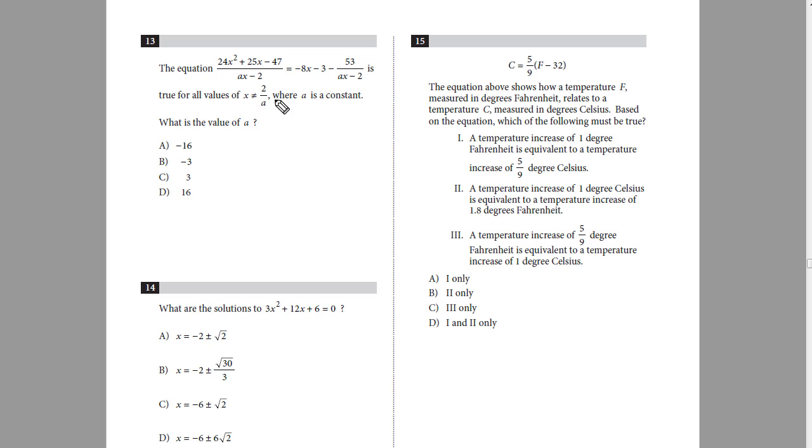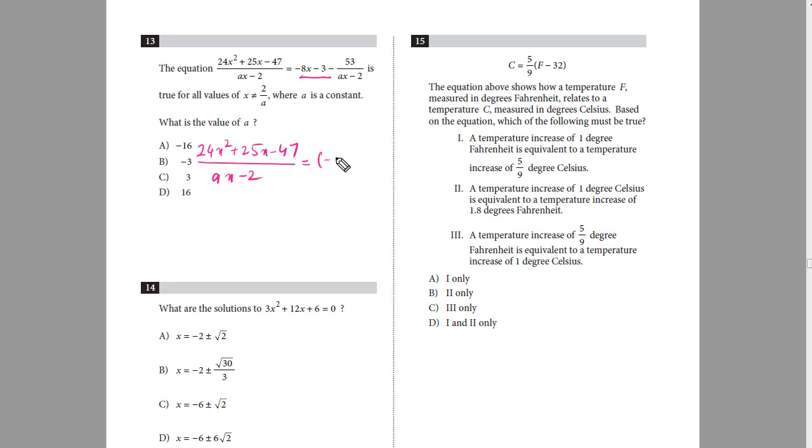So what I'm going to do is, over here on this side, let me write it here, (24x squared plus 25x minus 47) over (ax minus 2) equal to, now on this side, for this term negative 8x minus 3, I'll multiply and divide it with (ax minus 2).